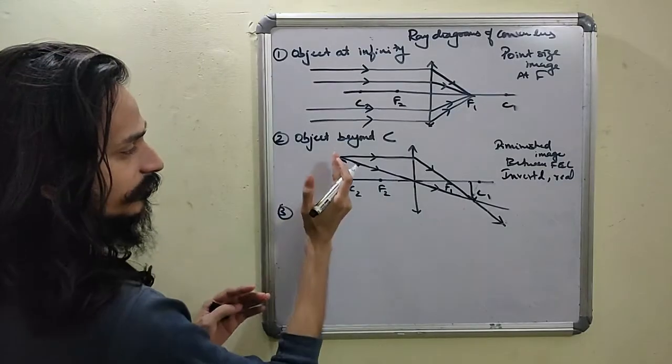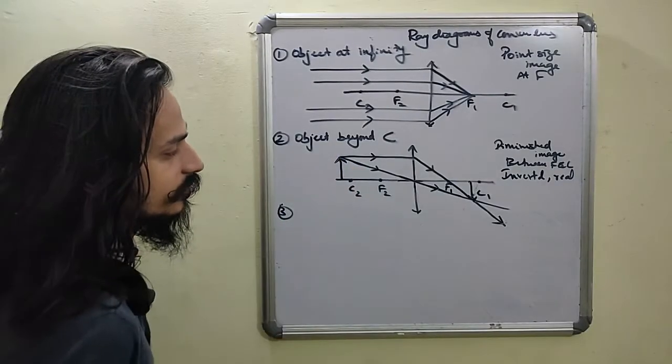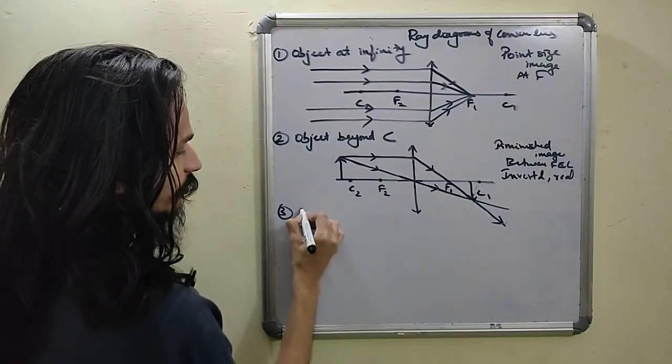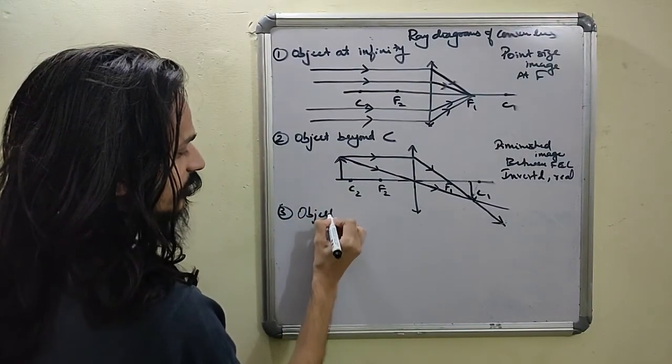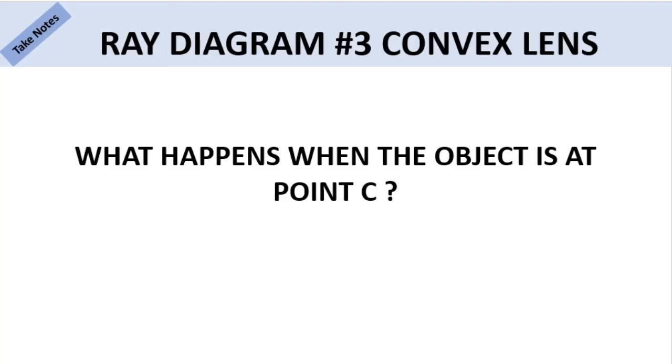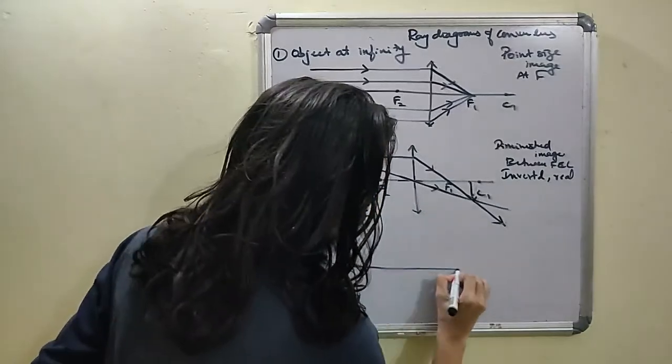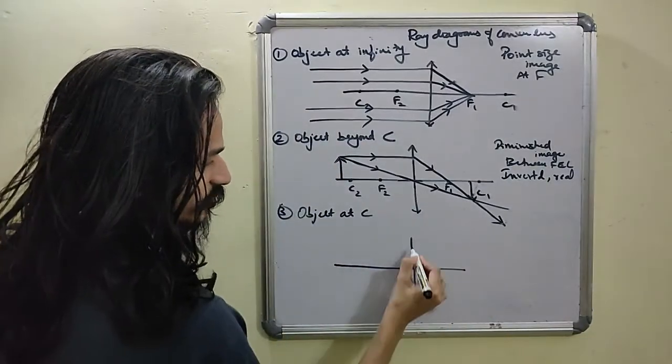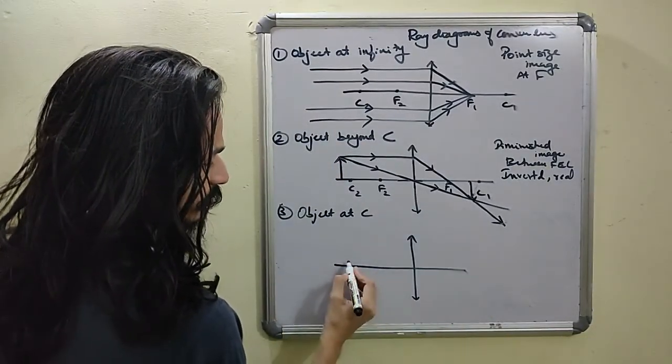For the next one, I bring the arrow a little closer and put it on C. The object is exactly on C, or at C. If you see, they correlate very closely to the mirror table also.